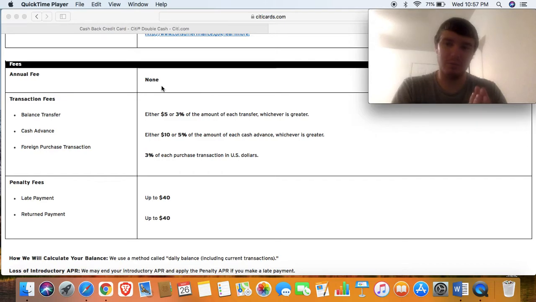Some credit cards will have annual fees, and some of them will be extremely high, like $300 a year, or all the way up to like $550 for, I think it's Chase Sapphire or something like that. But some credit cards have high annual fees. Some credit cards have no annual fees. So that's something you want to look at, and depending on whether you're okay with paying an annual fee or not, this can dictate kind of what you want to do.